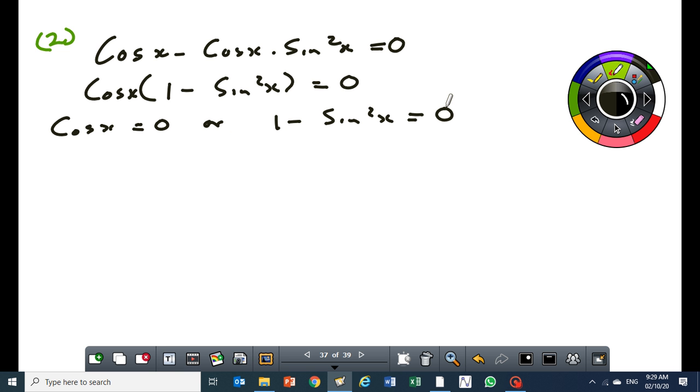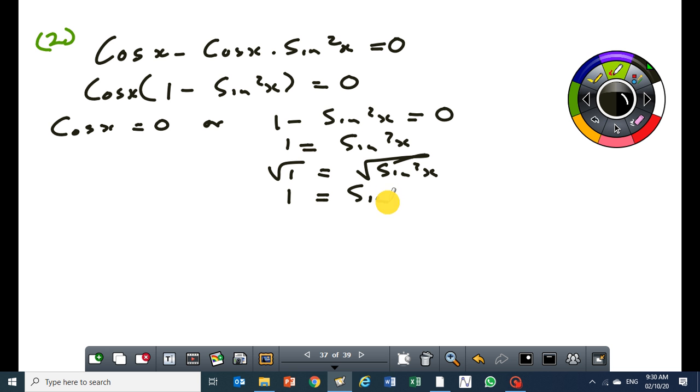Then we take square roots. I think I have to show you because I don't want anybody to say, I didn't understand what you wrote. 1 equal to sine squared. Then we take the square root of both sides. You get 1 equal to sine x, which is the same as sine x equal to 1.